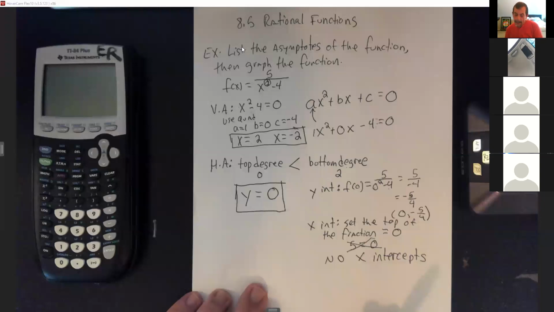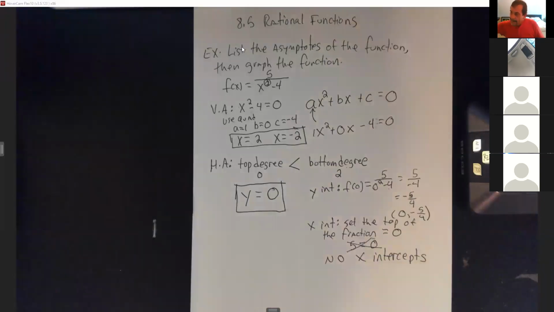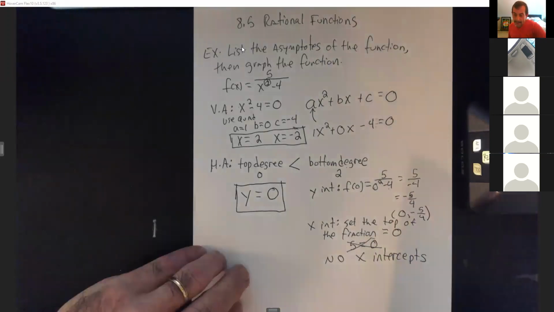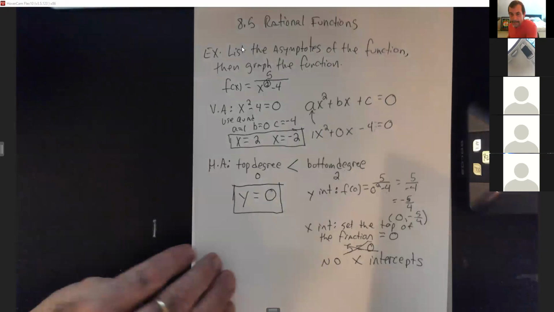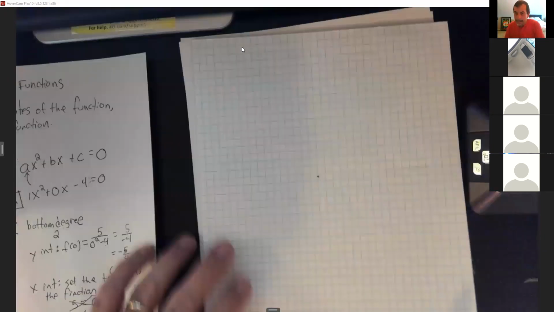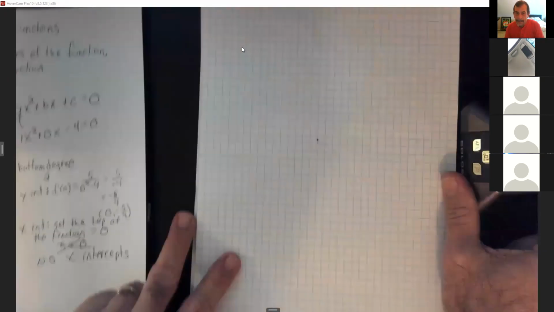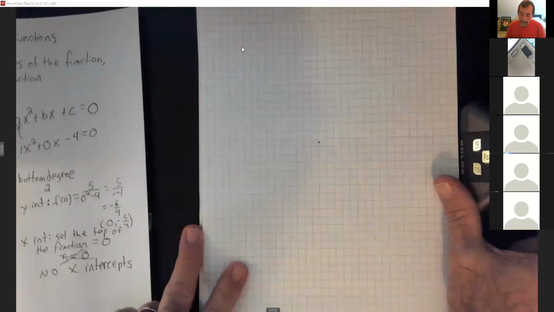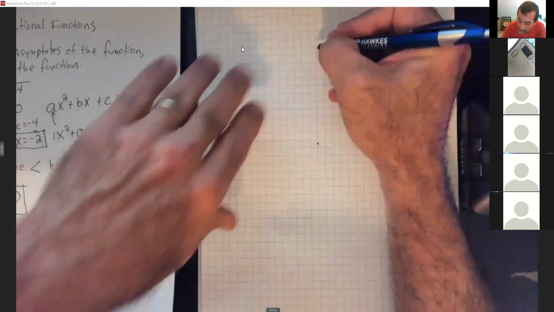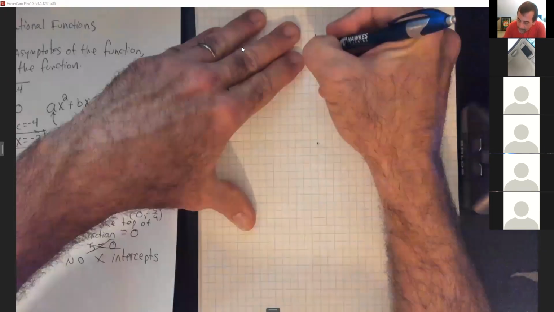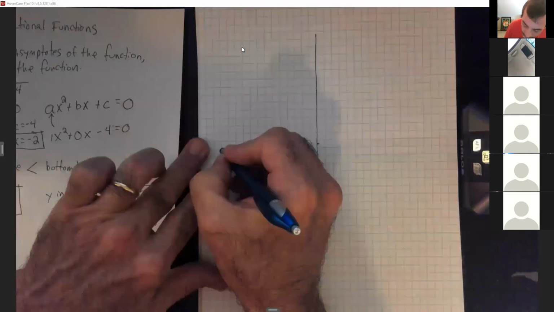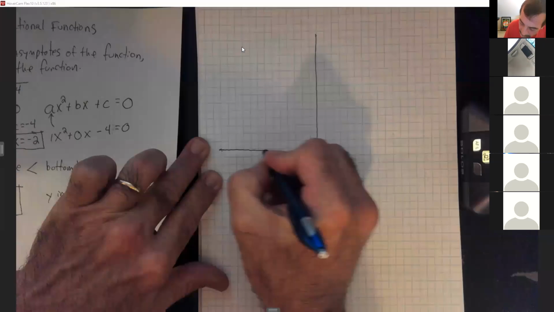All right, so let's see if that gives us enough to actually draw this graph. So I'm going to move this to the side and bring me some graph paper down. All right, so let me draw a graph. And this is always the fun part, drawing the graph.